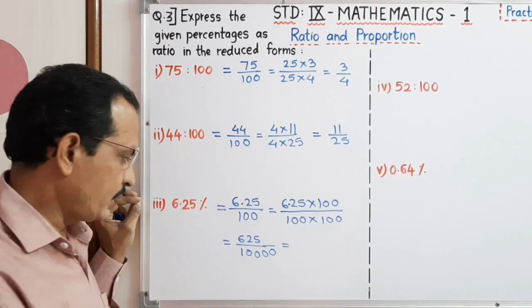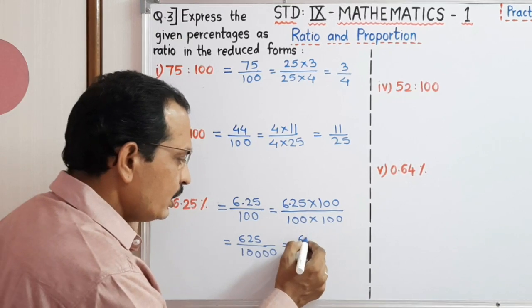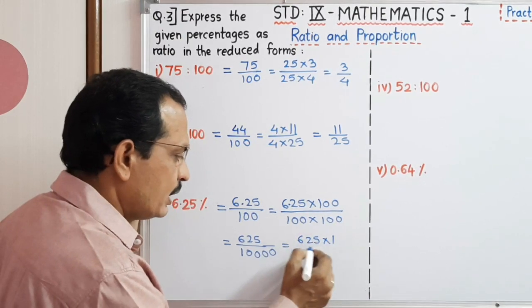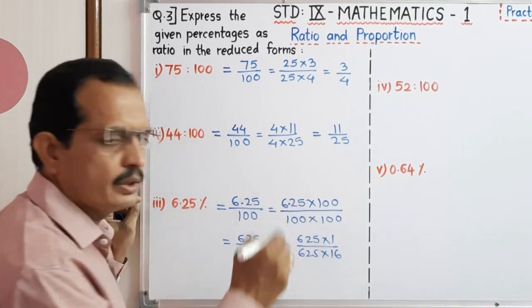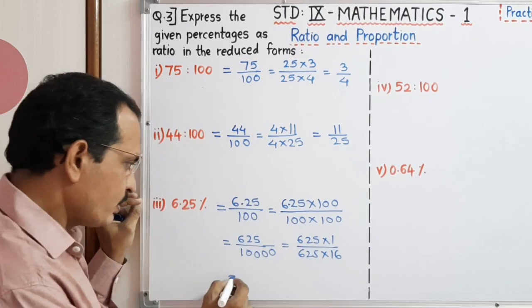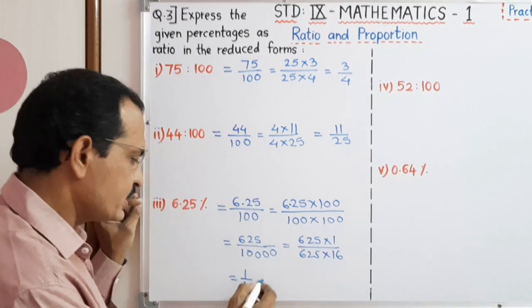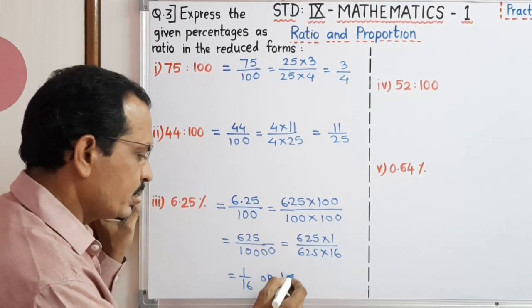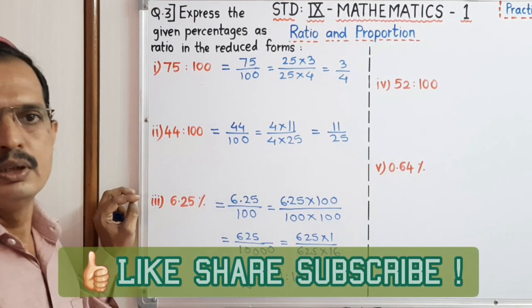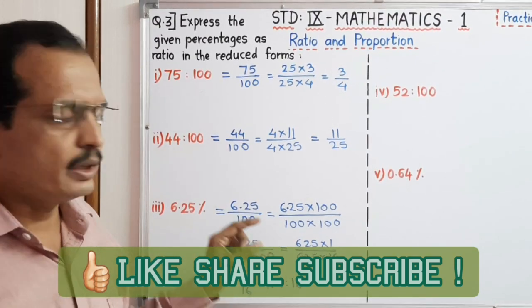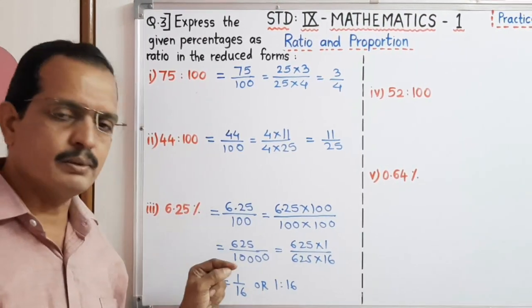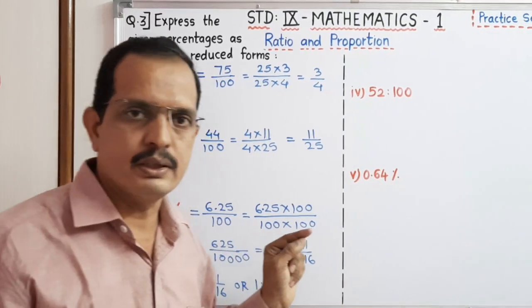This 625 into 1, and this 10,000 is 625 into 16. Therefore, we got final answer 1 upon 16, or we can write 1:16. If you do the practice, then and only then you can simplify that. Therefore, write down all these sums and do the practice.